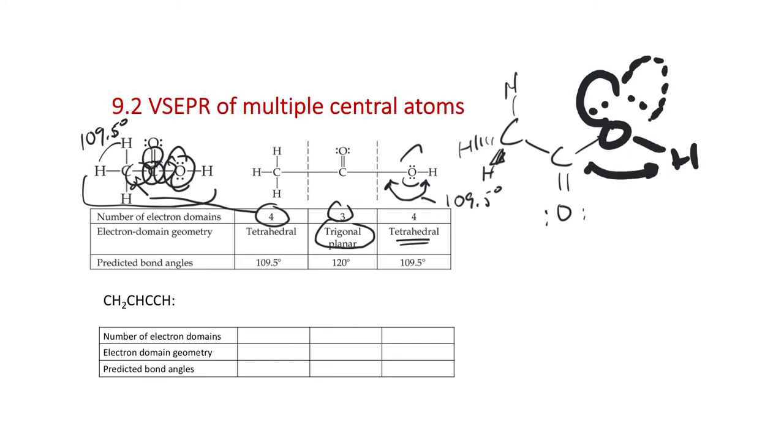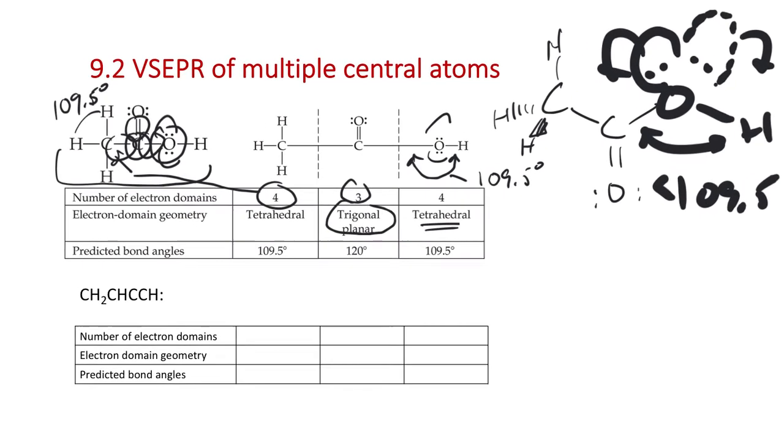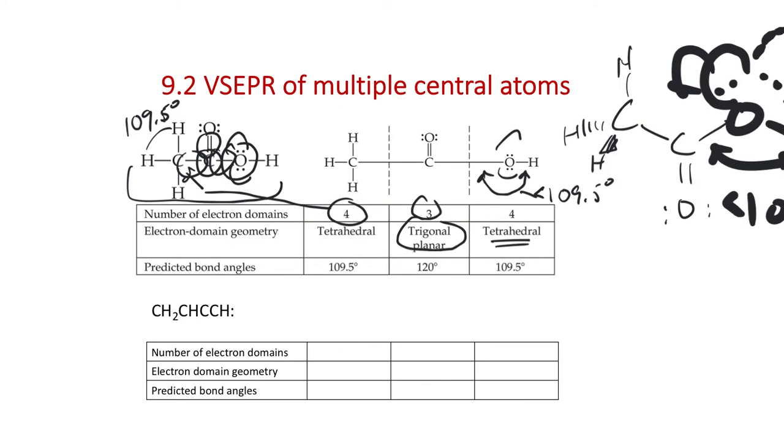And so this bond angle here, again, we said was 109.5 or close to that. And now do you see here, when we picture the actual structure, I think we can see these lone pairs are going to repel the bond pairs more. And that bond angle is going to be a little less than 109.5. So we could even pick up a little less than 109.5 for that COH bond angle. And the other bond angles: this single bond, with the double bond repelling it more, should be a little less than 120.